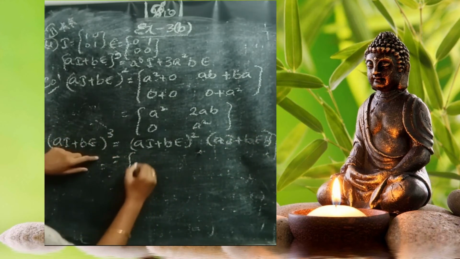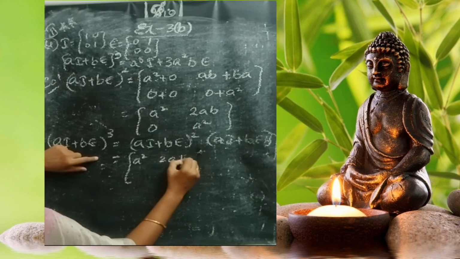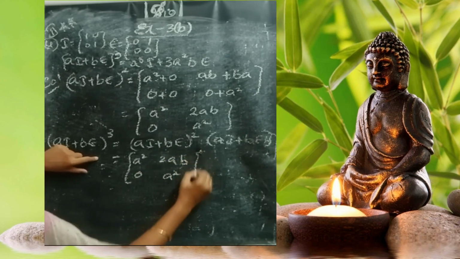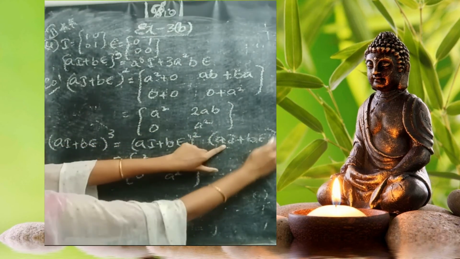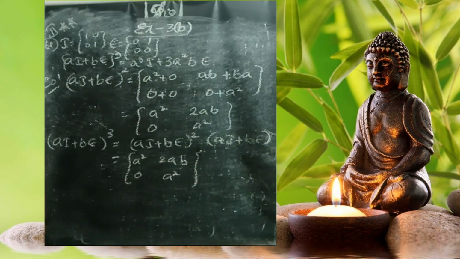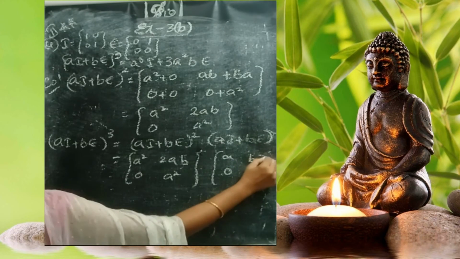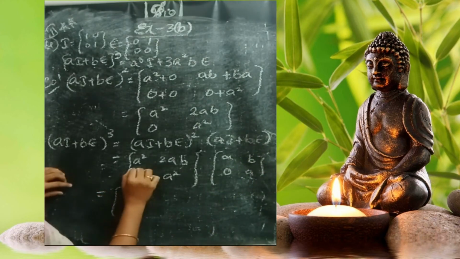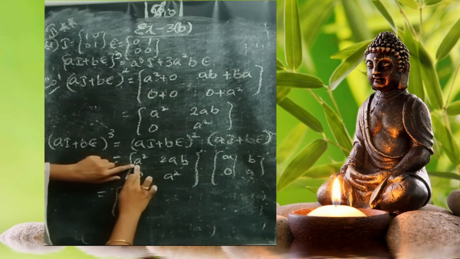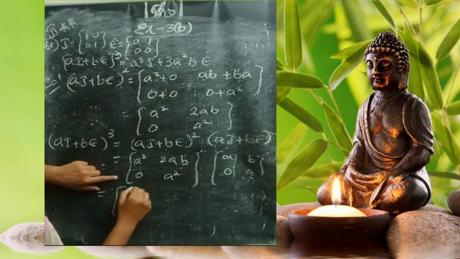The value of this square is A square, 2AB, 0, A square. Already we have found AI plus BE, the value of that is A B, 0 A. Now again, A square into A is A cube.